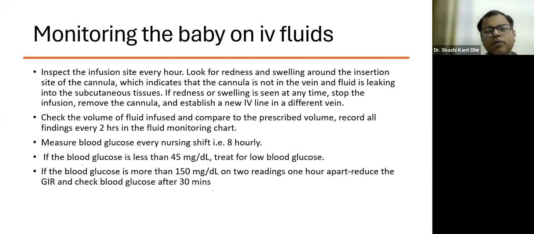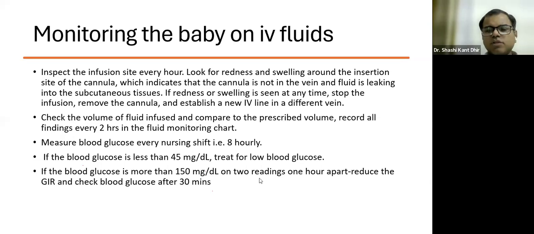This I have already told. We have to check the volume of the fluid infused by subtracting it from the total fluid, right? And once every nursing shift, the blood glucose should be monitored, as already told in the chat box. 6 hourly, we should do the RBS monitoring.